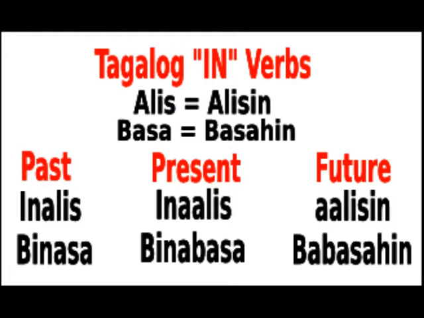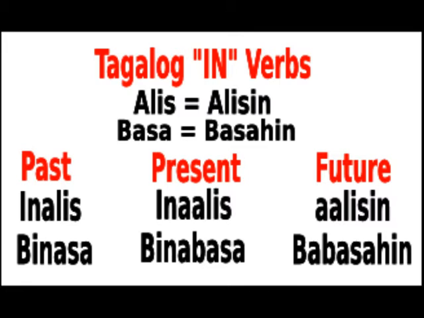After verb roots whose last syllable is a VC or CVC syllable containing the vowels I or O, the I or O of the last syllable is omitted before adding the suffix in. Kain becomes kanin, sunod becomes sundin, dakip becomes dakpin.